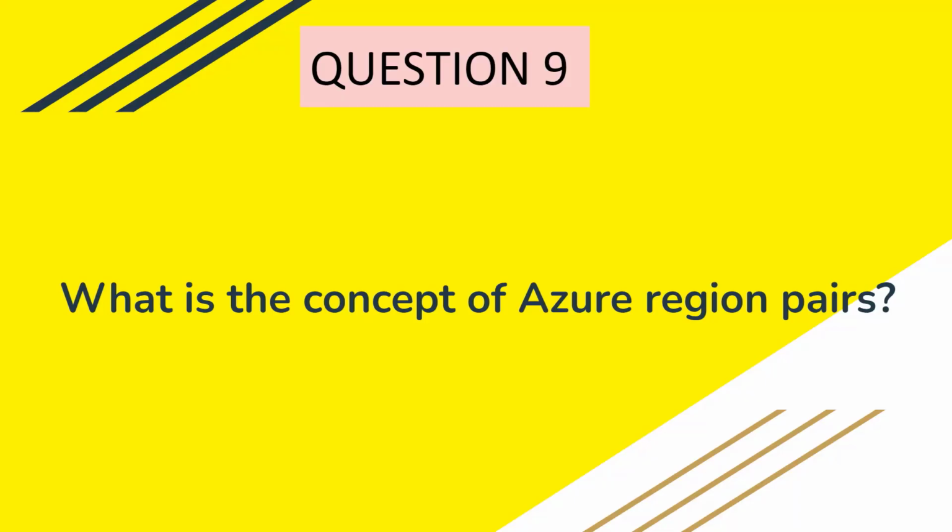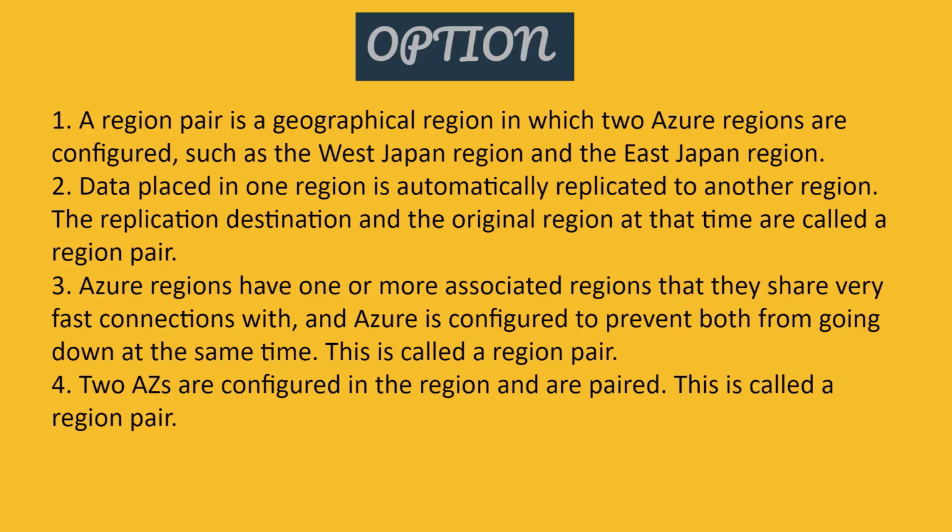Question 9. What is the concept of Azure region pairs? Option 1. A region pair is a geographical region in which two Azure regions are configured, such as the West Japan region and the East Japan region. 2. Data placed in one region is automatically replicated to another region.